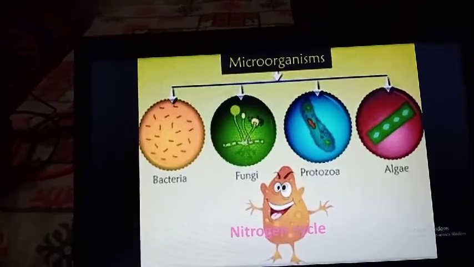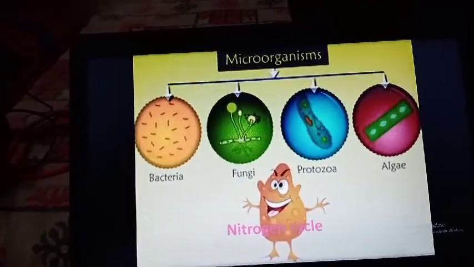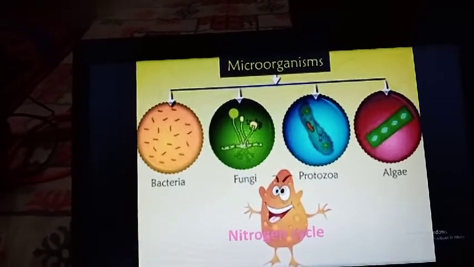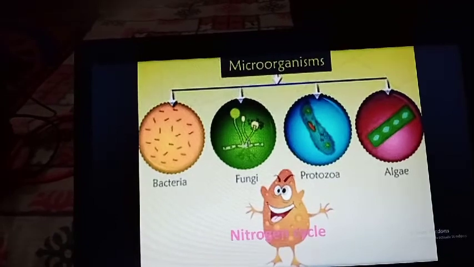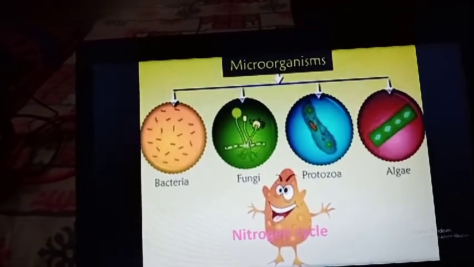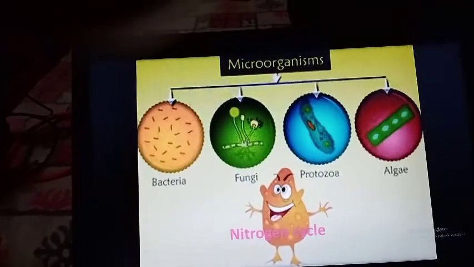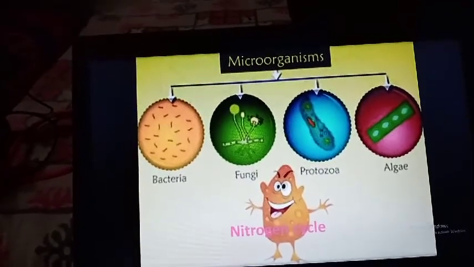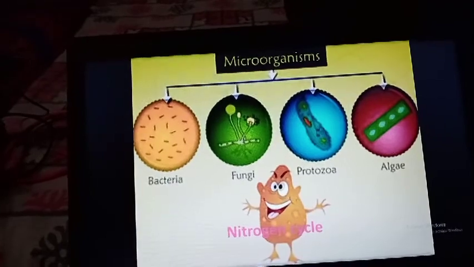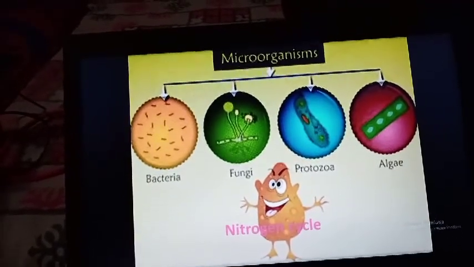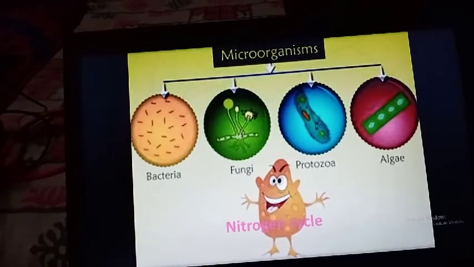From the animal body and plant body, during decomposition or excretion, the nitrogenous compound is formed into nitrogenous waste. This nitrogenous waste is decomposed by decomposing or denitrifying bacteria, and the gas is released.